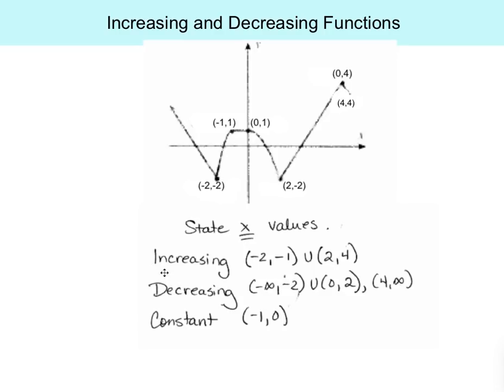So as I list where my function is increasing and decreasing, all of the values that I list are x values. So this function is increasing, notice I am listing only the x values here, from -2 to -1, and then again from 2 to 4.